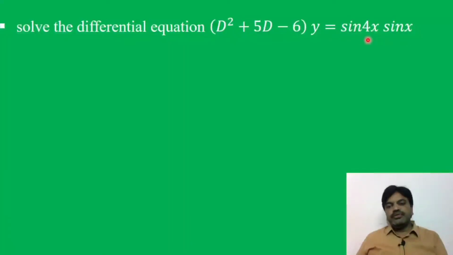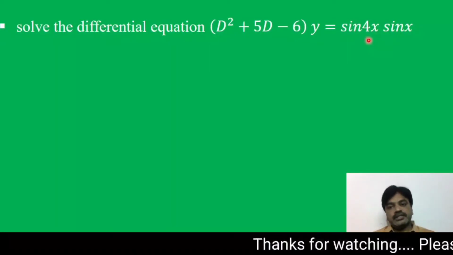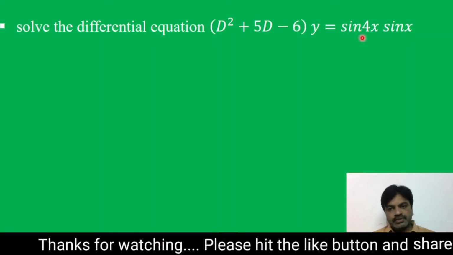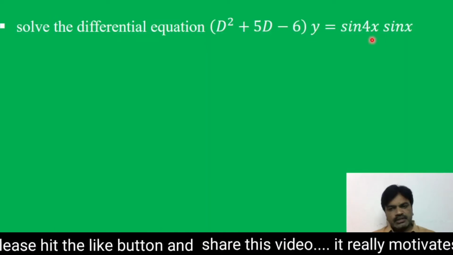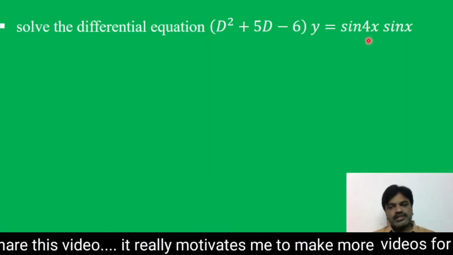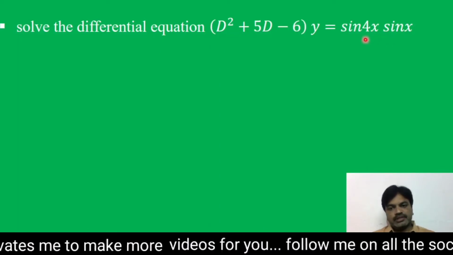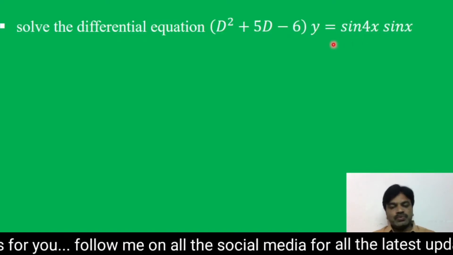Now, which case does this belong to, friends? This does not belong to any of the 6 cases. So observe sin 4x and sin x, friends, so that we can convert this function into case 2, that means trigonometric function. Let us see how to convert into case 2.